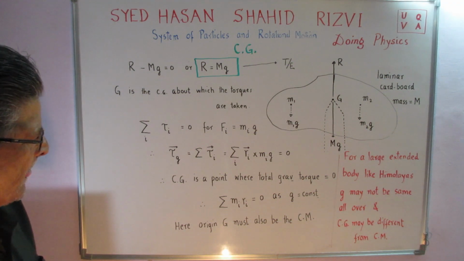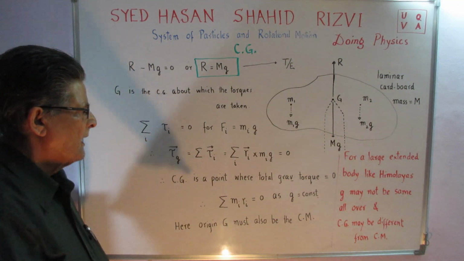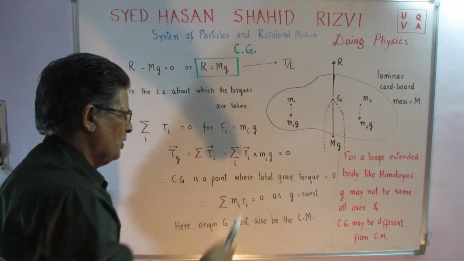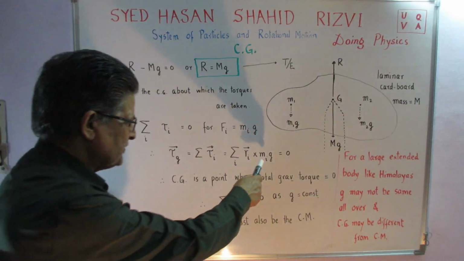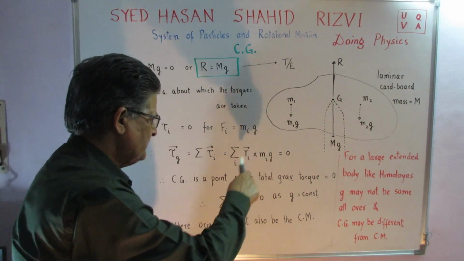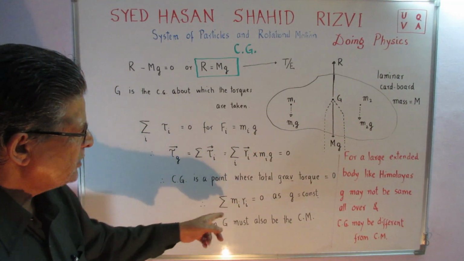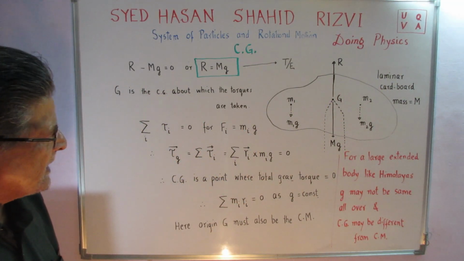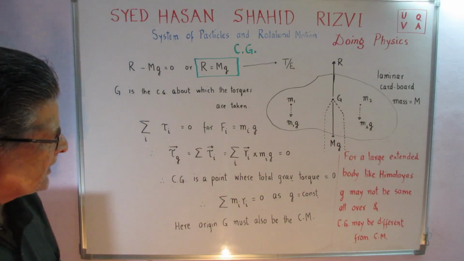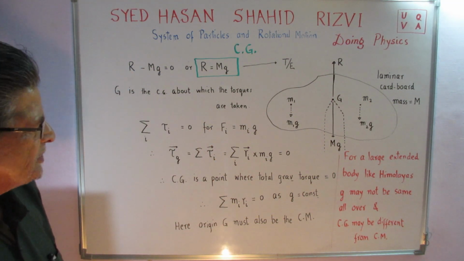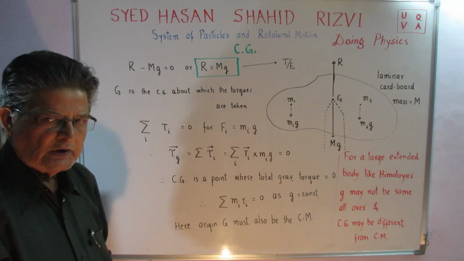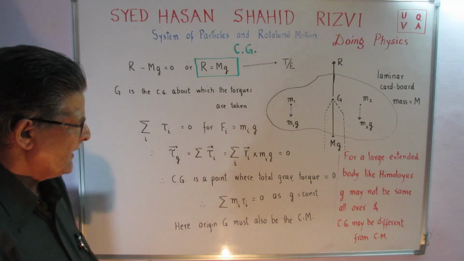And therefore, since this is equal to 0, and of course G is a constant, what is left is sigma mi Ri, or Ri into mi. I have taken it as mi Ri because I have already defined the calculations regarding the center of mass as mi Ri.